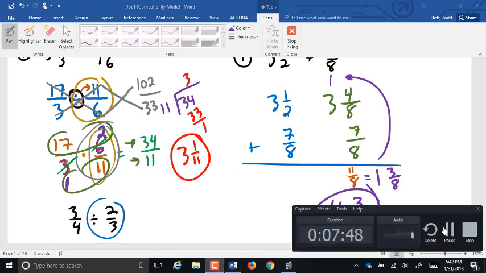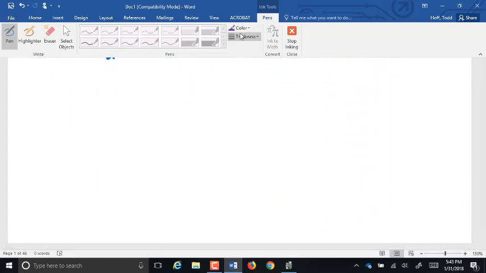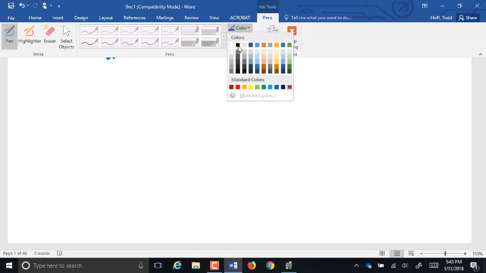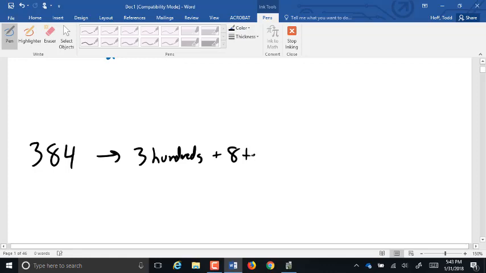Okay. So last class, we talked about that count in the name and the place values a little bit. And we looked at a number like 384 and realized that that's really 3 hundreds and 8 tens and 4 ones.